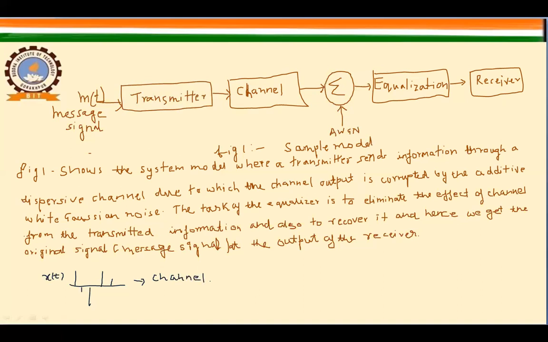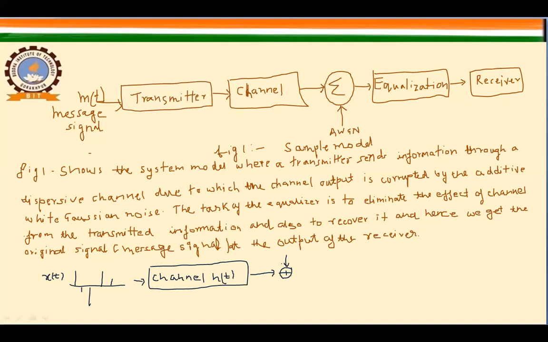The channel response h of t shows the coefficients of the channel behavior, and this behavior shows whether the signal is distorted or not. If we get multiple signals, multiple delay times are added, depending on the time dispersion.